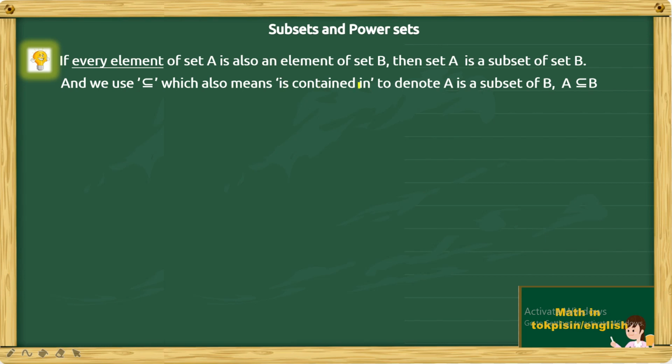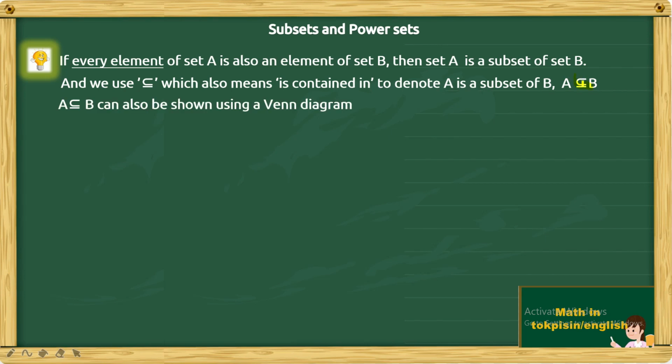So sometimes we will say A is contained in B. Sometimes people say A is a subset of B. To denote A is a subset of B, we use this symbol here.